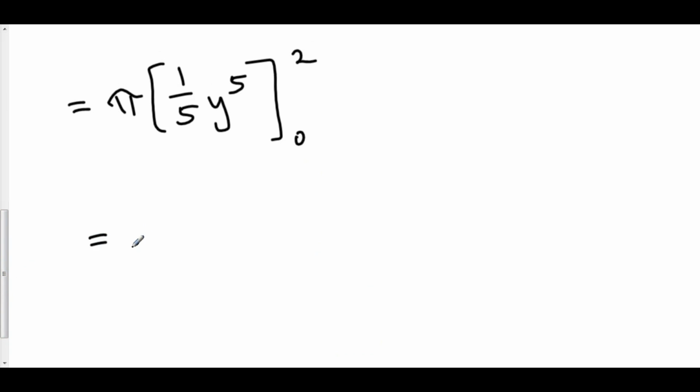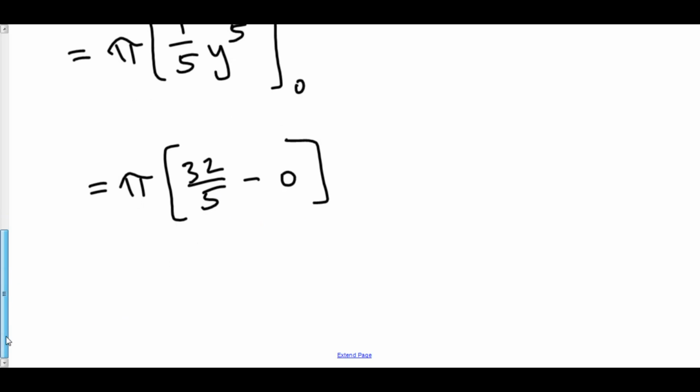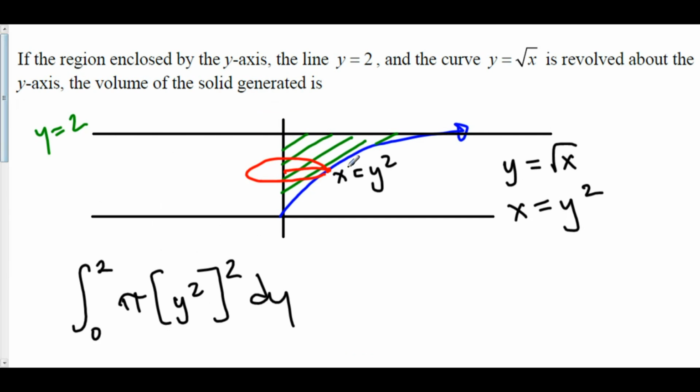Well, this is equal to pi times, if you plug 2 in, 2 to the 5th is 32, so this is 32 over 5 minus 0. And so the answer here is 32 pi over 5. That is the volume of this particular solid that we have obtained by rotating this region about the y-axis.